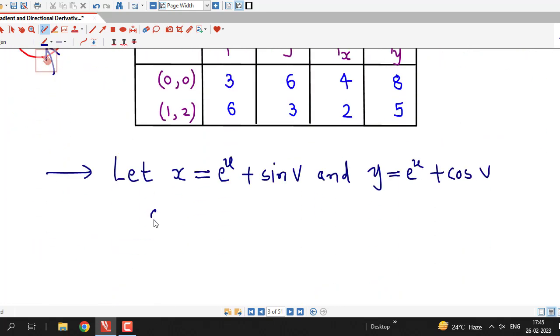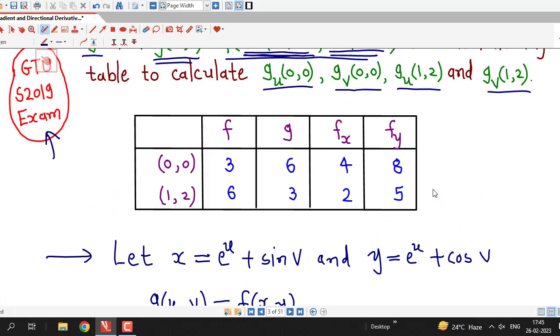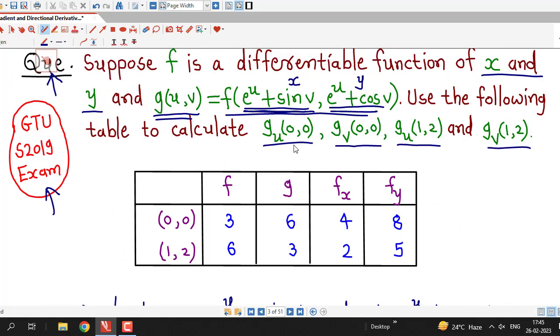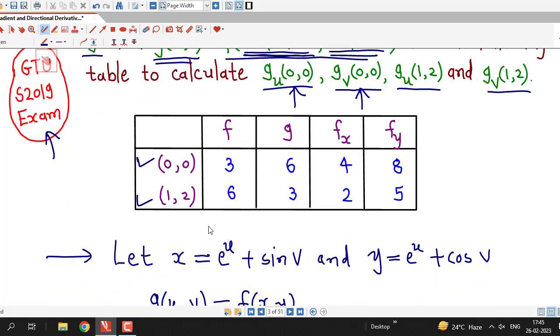It is also given that g of (u, v) equals f of (x, y), where x and y are these. And we have to obtain the partial derivatives of g with respect to u and v at points (0, 0) and (1, 2).